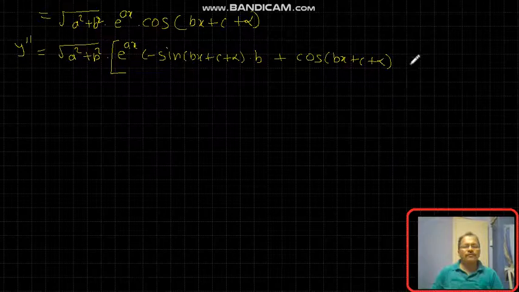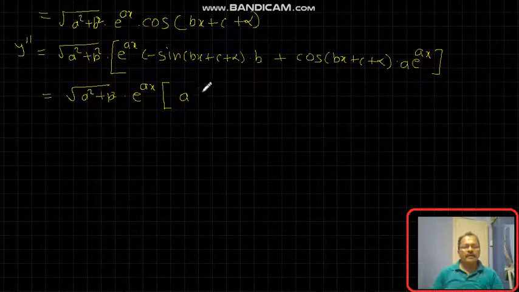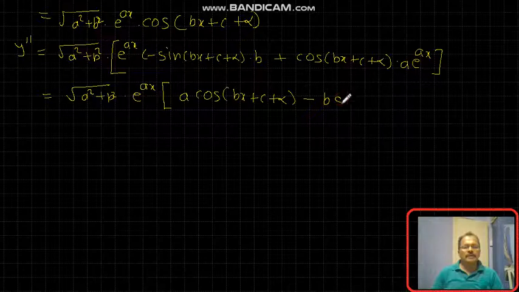into derivative of e raised to ax, which is a times e raised to ax. Taking e raised to ax common, under root a square plus b square into e raised to ax into bracket a cos(bx plus c plus alpha) minus b sin(bx plus c plus alpha).